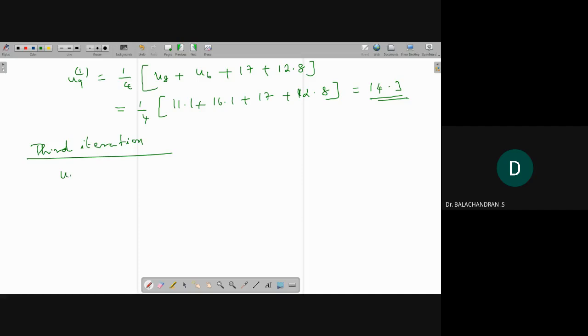You can note it and then verify later. 17.9, 13.6, 13.7, 17.9, 6.6.